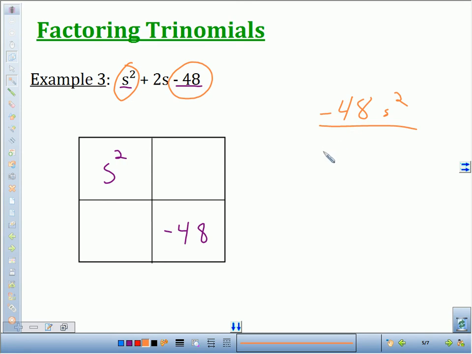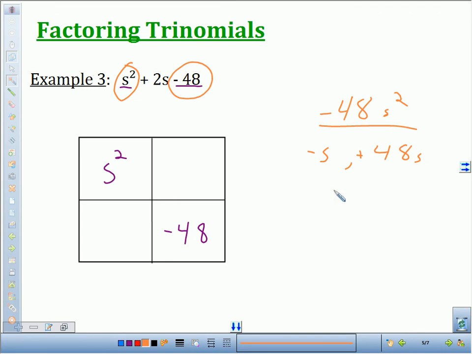Some of them I can immediately write off, such as s and 48s. It doesn't matter if it's set up with positive s and negative 48s, or negative s and positive 48s. Either way, there's no way we're going to add up to positive 2. So those aren't going to work.